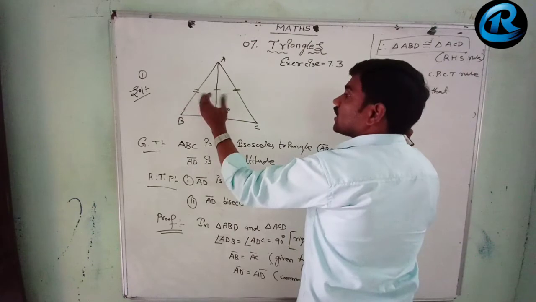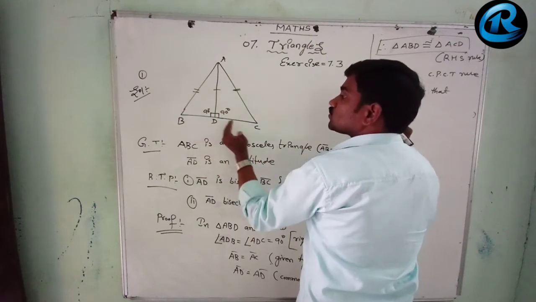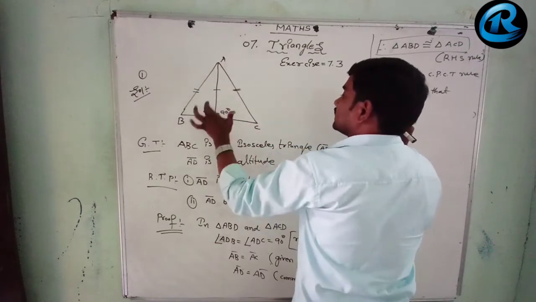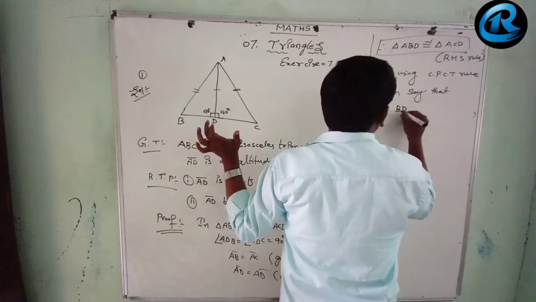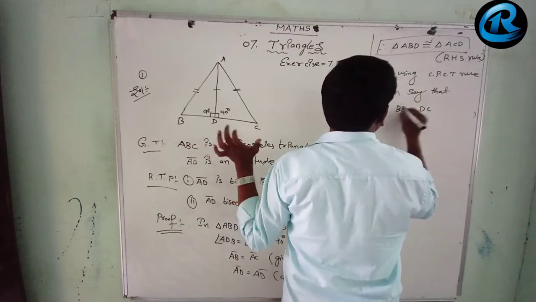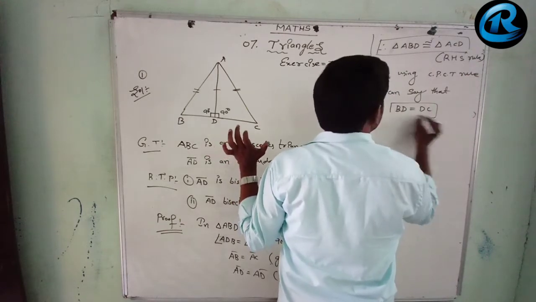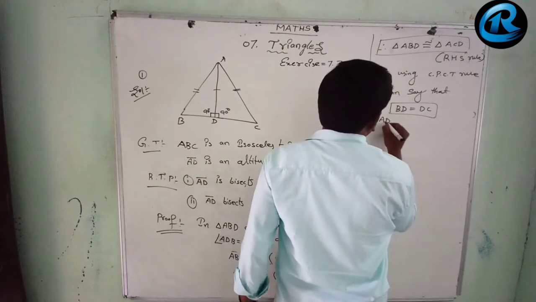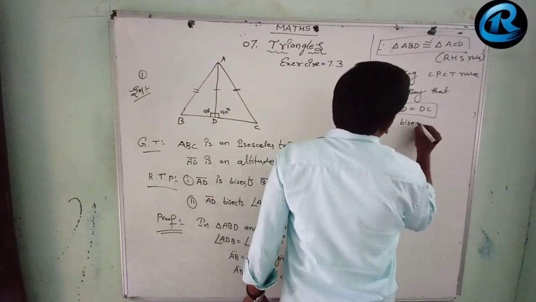These two triangles, ABD and ACD, are congruent, so these two are corresponding parts. So here BD is equal to DC. Hence, therefore, we can write that AD bisects BC.